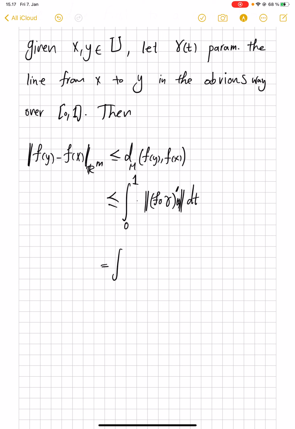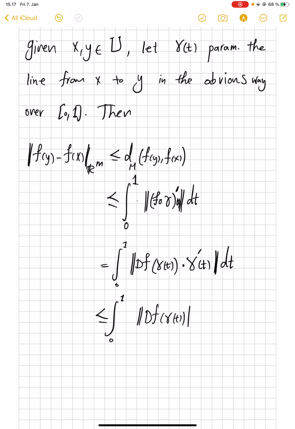And this by the chain rule is the derivative of f computed at gamma of t applied to gamma prime of t. That's a matrix times a vector, and then you take the norm, dt. But this is less than the integral from 0 to 1 of the operator norm of df at gamma of t, times the norm of gamma prime of t, dt.